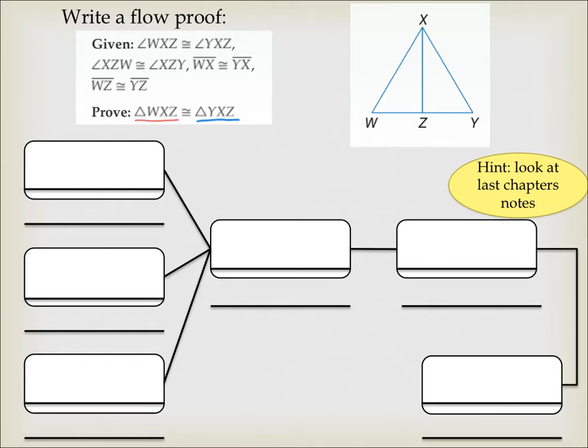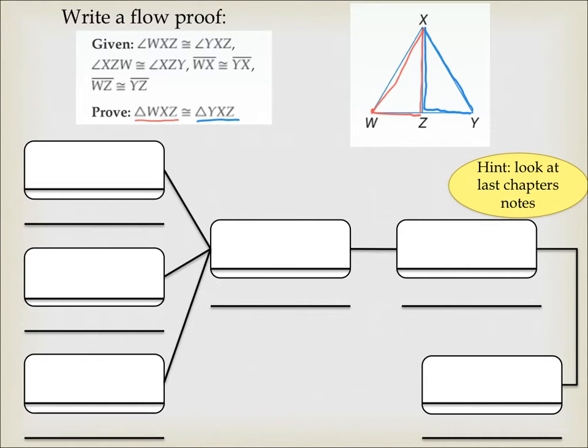I'm actually going to outline these so that I know exactly what I'm looking at. So here we have triangle WXZ, and then we have triangle YXZ. So I need to prove that those two triangles are congruent to each other, which means I need to prove that all the corresponding sides and angles are congruent.